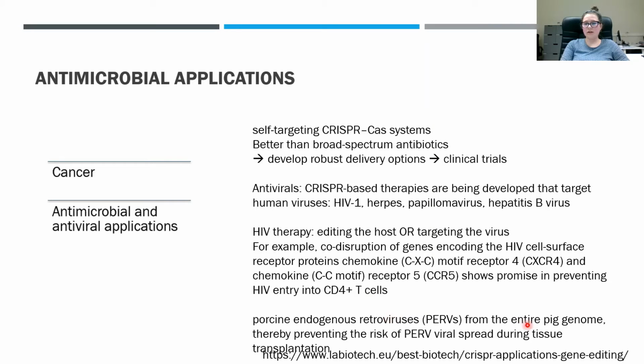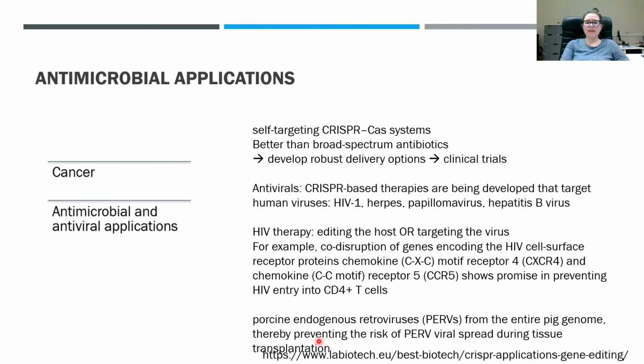And also there are some viral genes in pigs. If we use a tissue of a pig and want to, for example, transplant it to humans, we also transplant the gene that encodes the virus from that pig's genome.